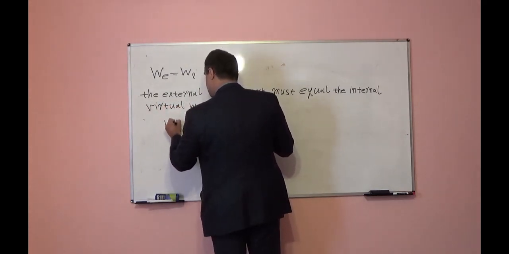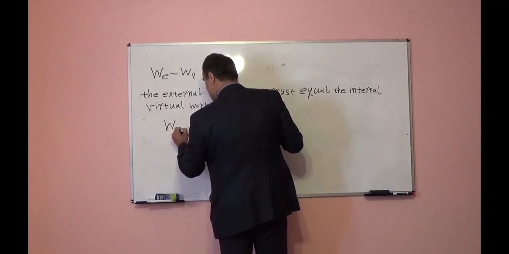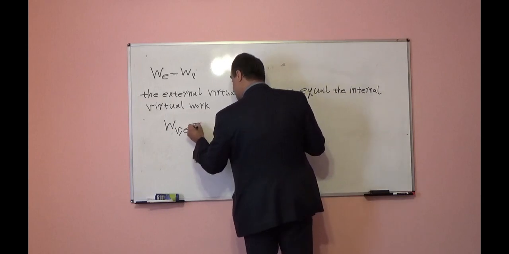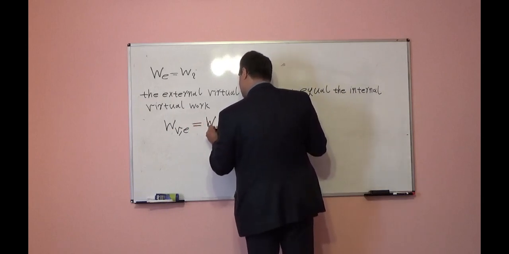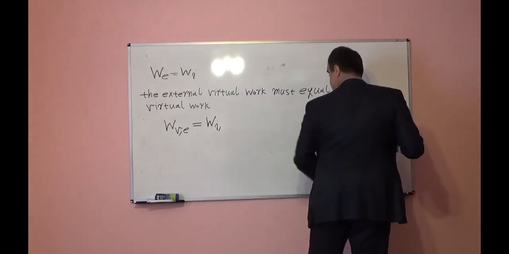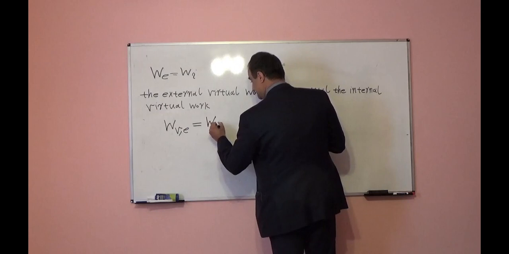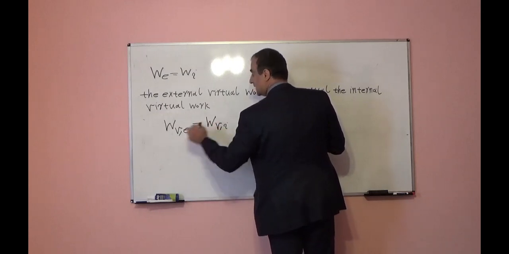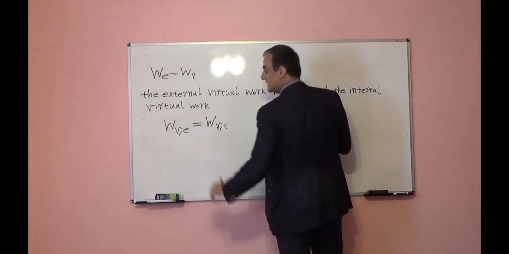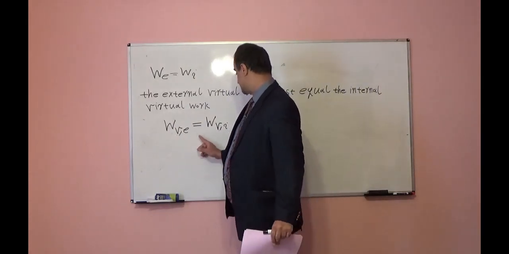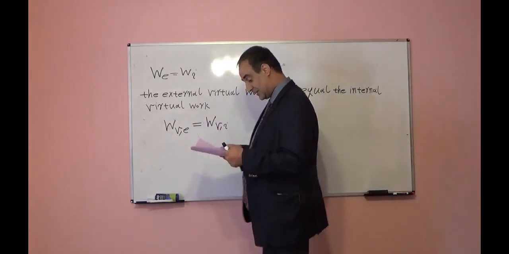So I can write external virtual work should be equal to internal virtual work. W stands for work, V here is virtual, E external, I internal.